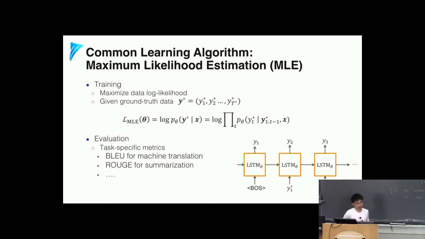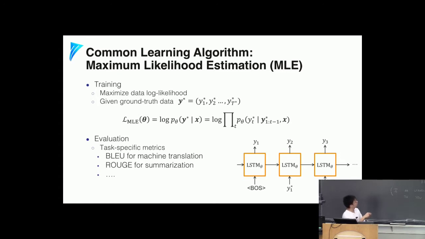Then after the training, how do we evaluate this model? Usually we use a task-specific metric. For example, in machine translation, we use the BLEU score to evaluate the quality of the output of the model. And for summarization, we use the ROUGE metric to evaluate the output.